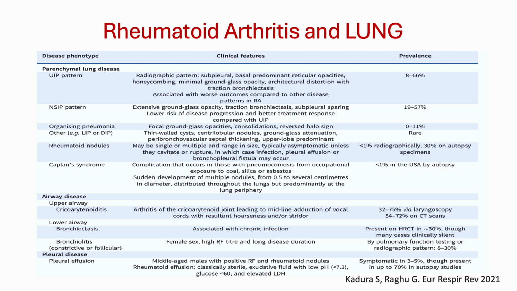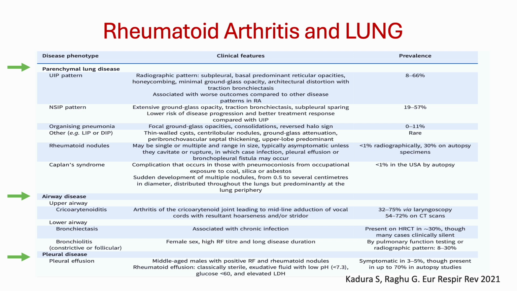So, it's not that you would always get a classical history of joint pains before you come and establish the diagnosis. And a lot of times it would be ILD, which would be diagnosed first, and then the joint pains. So, in the lung, rheumatoid arthritis can affect the parenchyma, the airway, and the pleura.